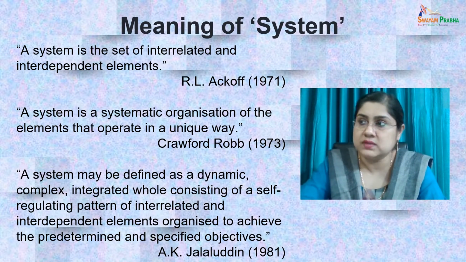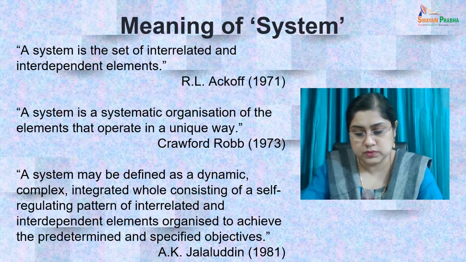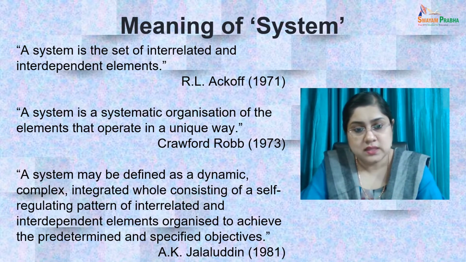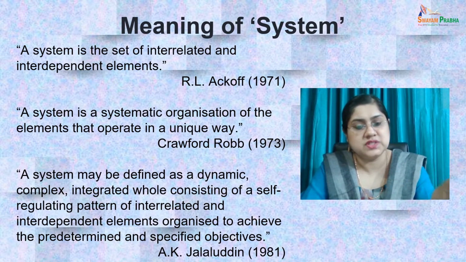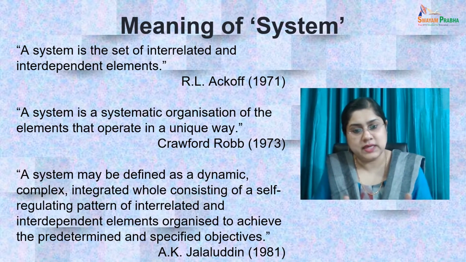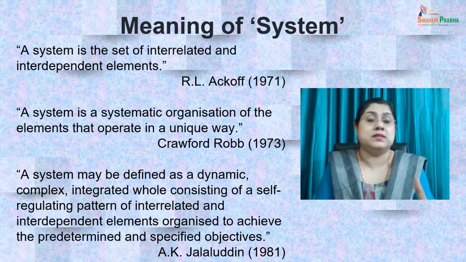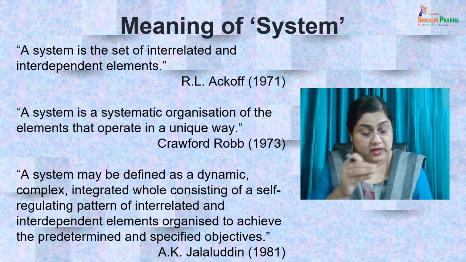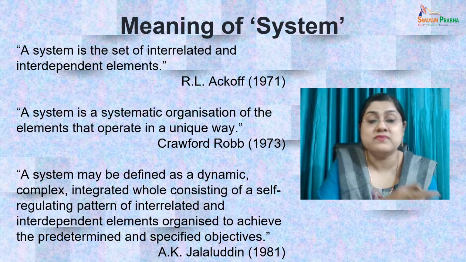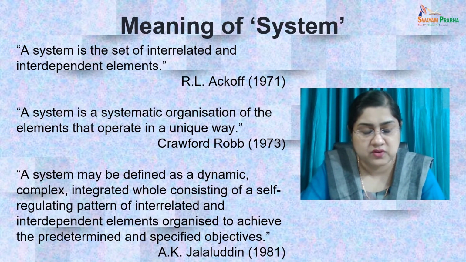So if we have a machine which is intended to prepare some sort of coffee or any other thing, then the objective is that this machine will be making some coffee. So the entire system, the entire organization of the elements, is going to work together and the outcome will be produced, which was actually specified in the beginning itself: to make a cup of coffee or maybe various cups of coffee.